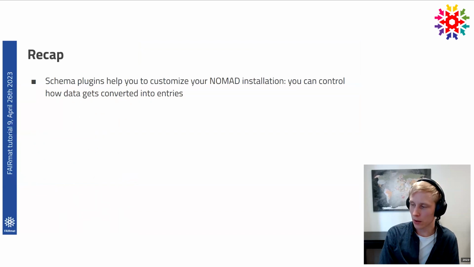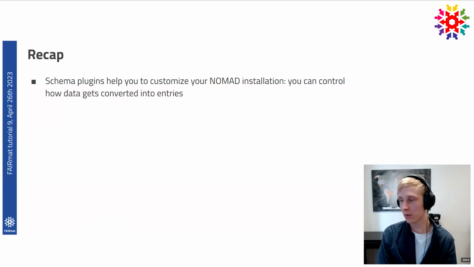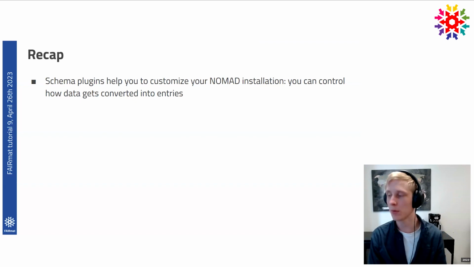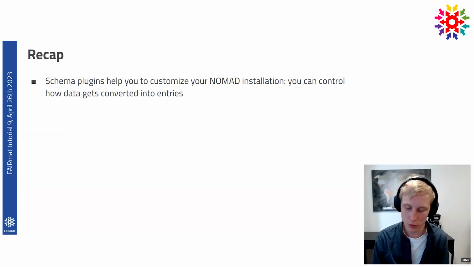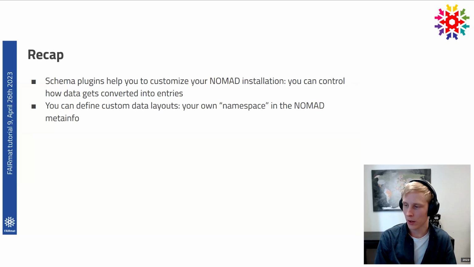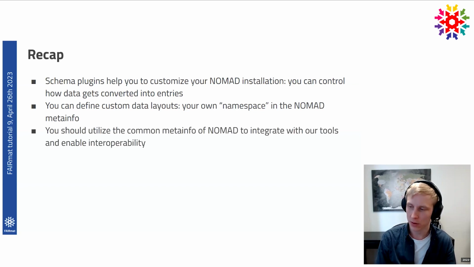Just to quickly recap, the schema plugins really allow you to customize your NOMAD installation. You get full control over how data gets converted into entries. You can define your custom data layouts. You have your own namespace within our meta info where you can do all kinds of things. But you should also utilize the common part of the meta info to integrate with the tools that we are developing.